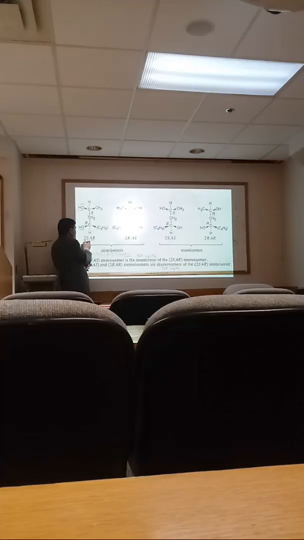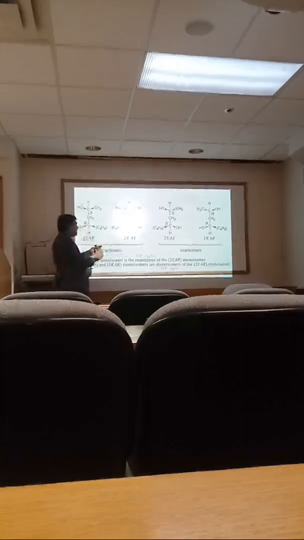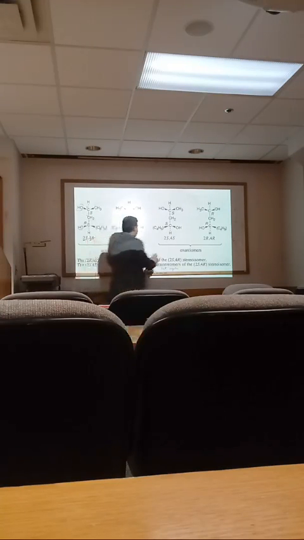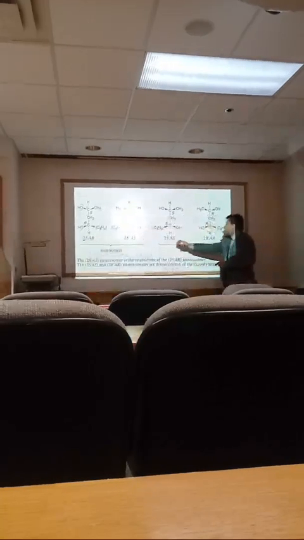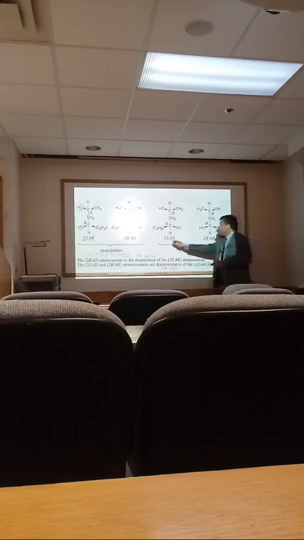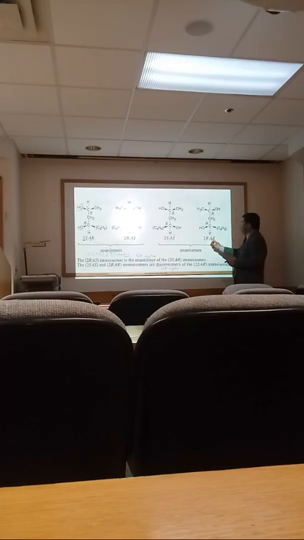So 2S should be converted to 2R, 4R should be converted to 4S. This is a complete flip from head to toe. So that's why this is enantiomer. And then the same is happening here, 2S to 2R, and then 4S from the left is converted to 4R, which is also enantiomer. Now, what is diastereomer?